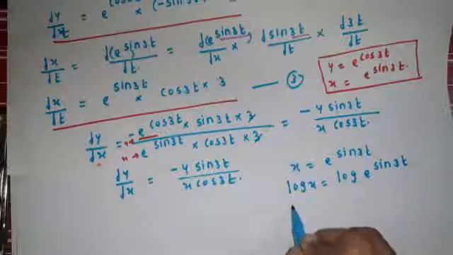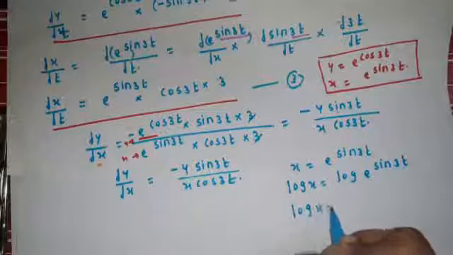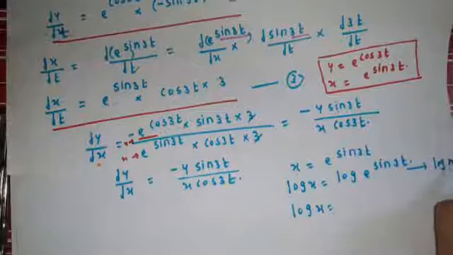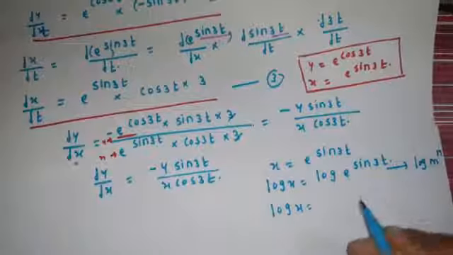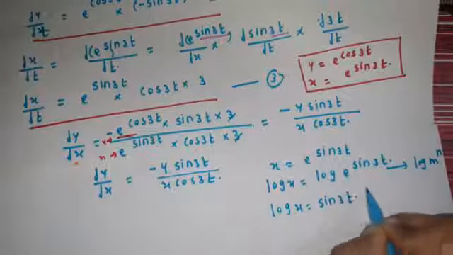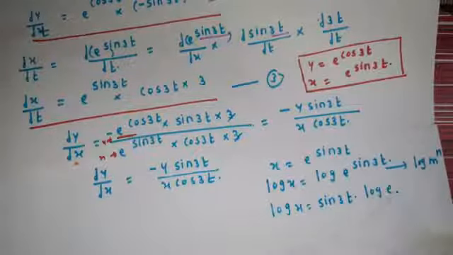By using the log of m raised to n formula, the conversion will be sine of 3t into log of e.